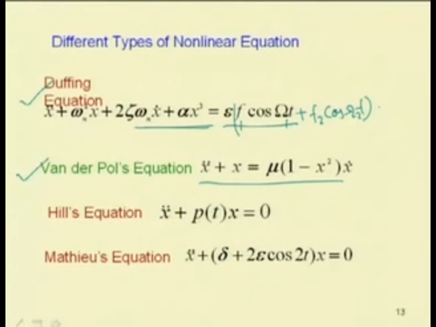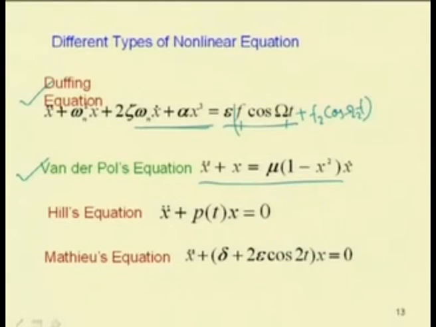For a linear system, one can easily find the solution, but in case of a nonlinear system, as it does not satisfy the superposition rule, for each case you have to find the solution and the response of the system.